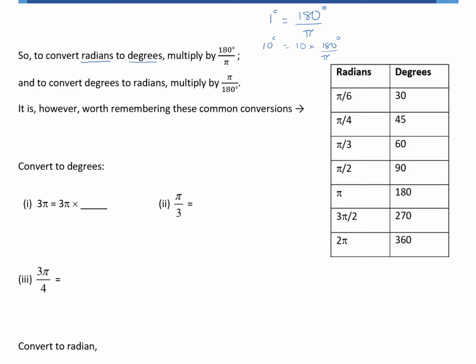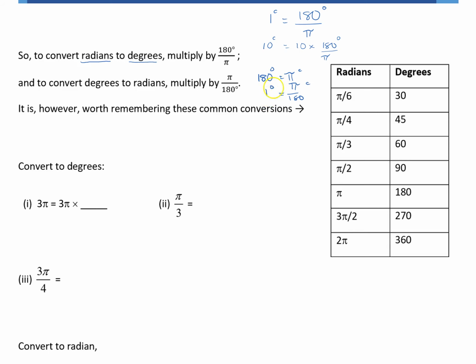We've also got that to convert degrees to radians, we multiply by pi on 180. You may be wondering where that came from, and remember that we had 180 degrees is pi radians. So if I have 1 degree, then it's pi divided by 180 radians.